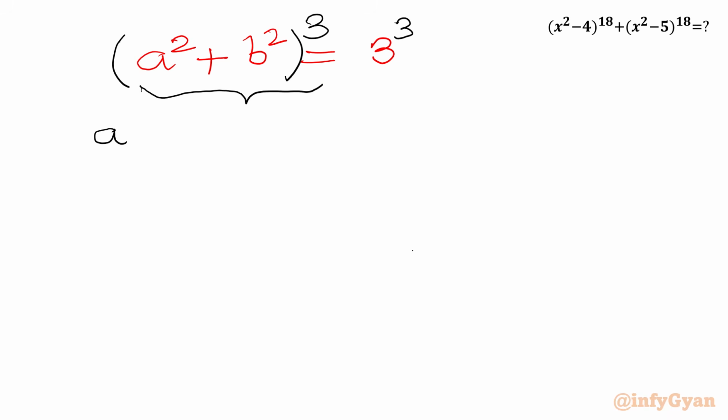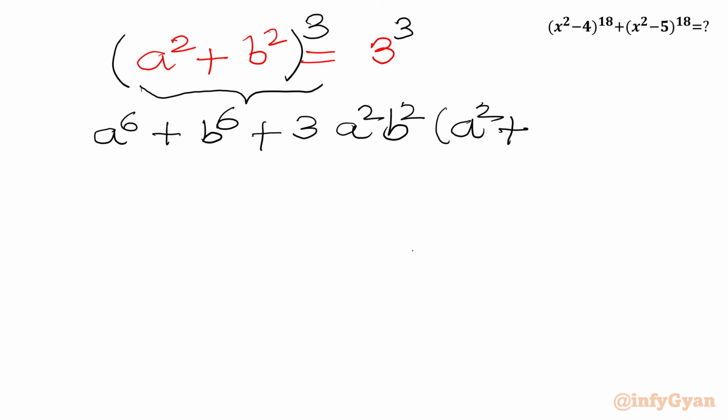We will get a square whole cube, a power 6 plus b square whole cube, b power 6 plus 3 times a square b square times a square plus b square equal to 27.